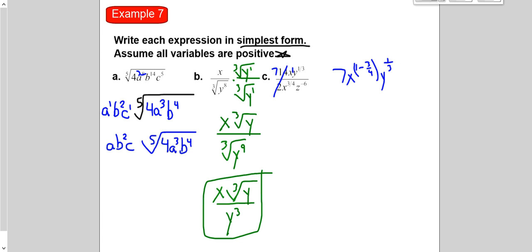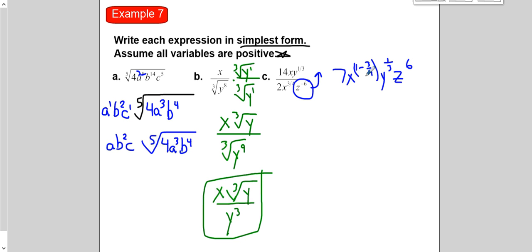Then look at our z's. There's no z on the top, but we have a z on the bottom. But it's a negative exponent. So rewrite it as a positive exponent. It has to change locations. Negative exponents give us reciprocals. So when we move it up to the numerator, it becomes a positive 6.